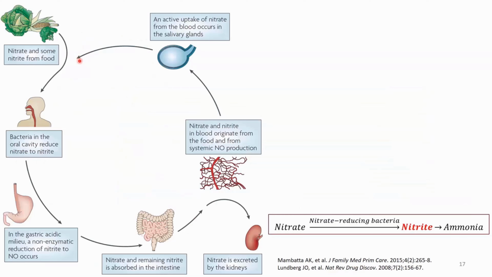So here's the nitrate cycle. Basically, nitrates are important. As you eat food, nitrate will be part of the food that comes into the body. And of course, the bacteria that are part of the flora will use nitrate as food. And this cycle continues.